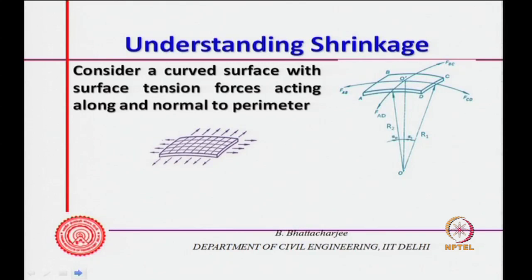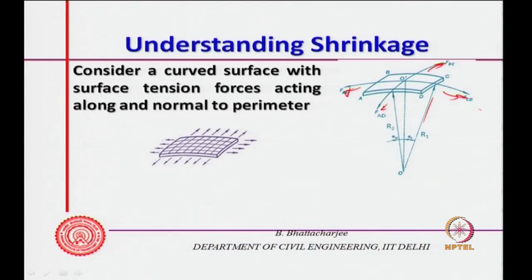So, if I exaggerate this and draw it in this manner, these are the forces acting along this direction on an elemental surface: F AD, F CD, F BC and F AB. These are the forces that would be acting. Now, if you look at these forces, the resultant force will be acting inward.